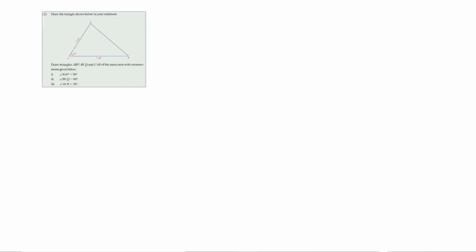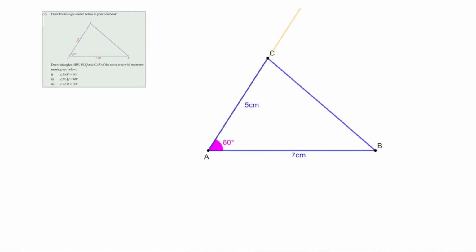First of all, let us draw triangle ABC. For that, draw a line of length 7 centimeters. Now take 60 degrees at A and draw a line. Now mark the point C 5 centimeters away from A. Now join BC. So we got the triangle ABC.